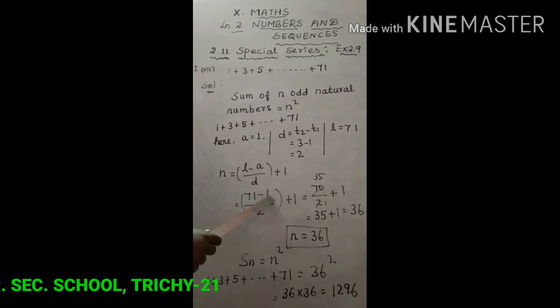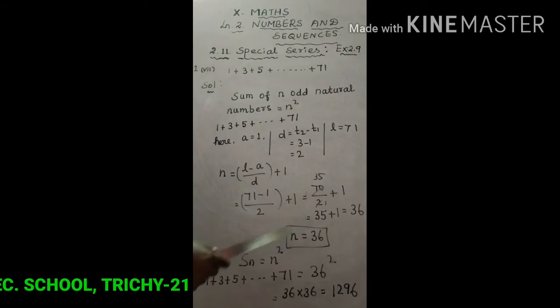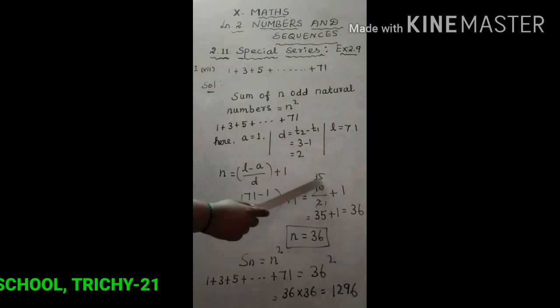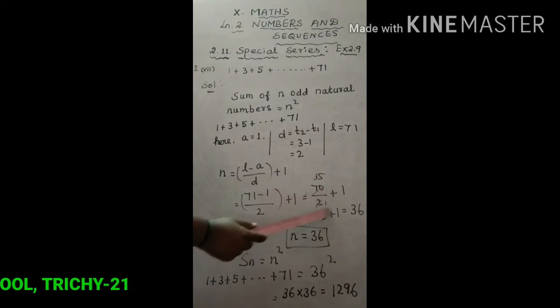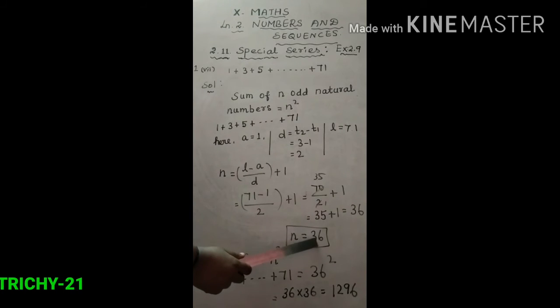Then 71 minus 1 we have 70 divided by 2 plus 1. We simplify now. 2 table, 1 2s are 2, 35 2s are 70. So 35 plus 1 we have 36. So the number of terms in the given series n is equal to 36.